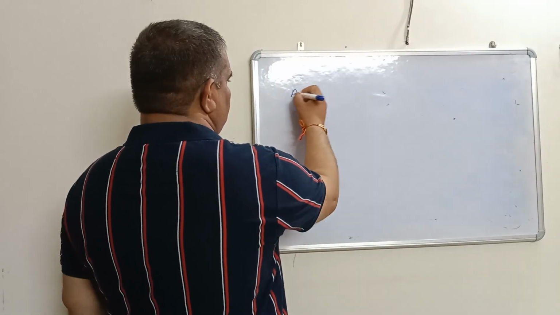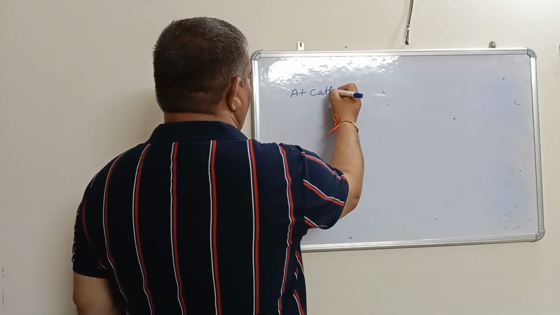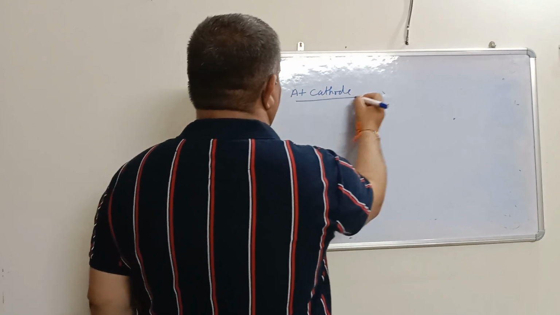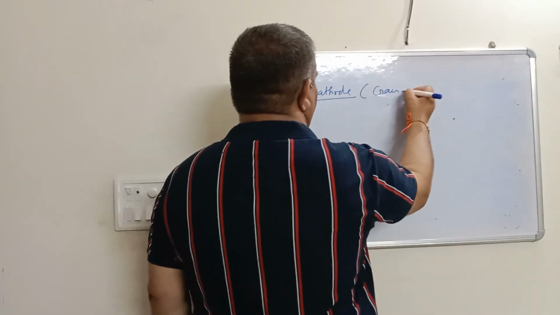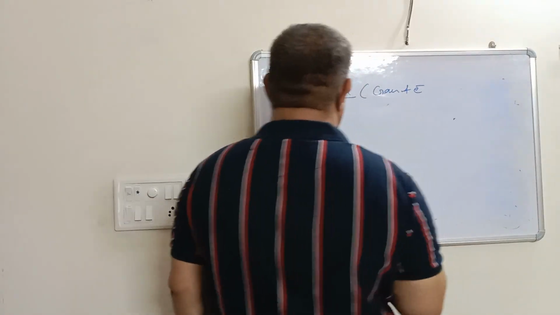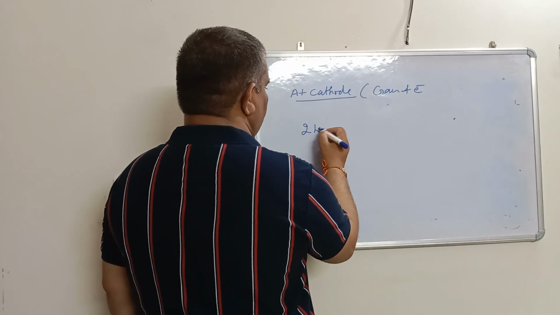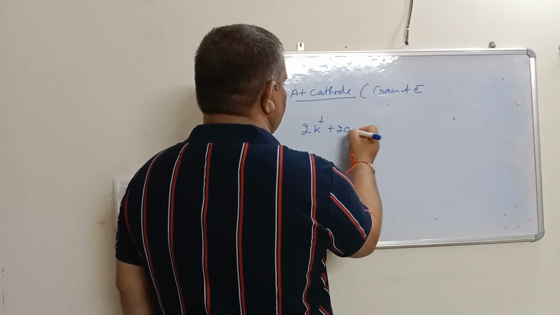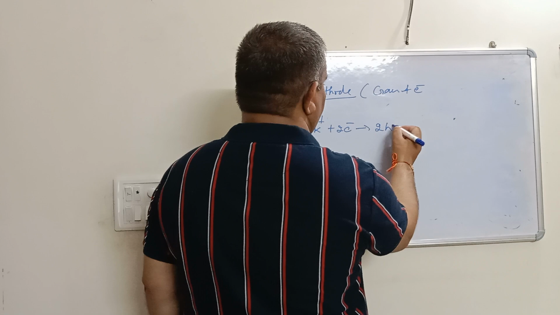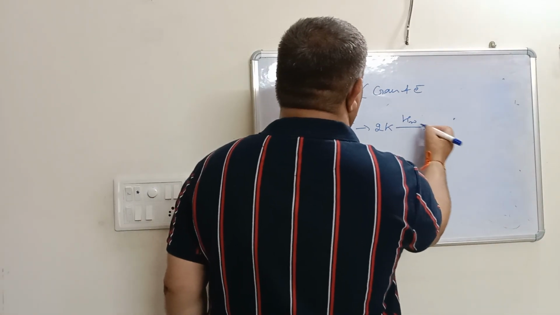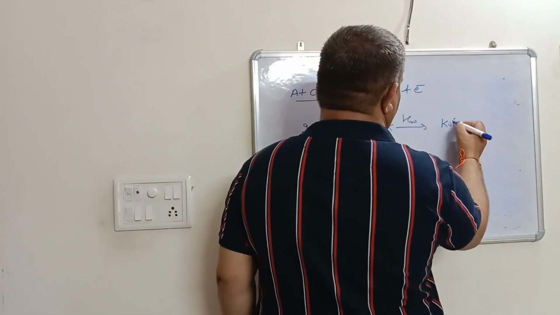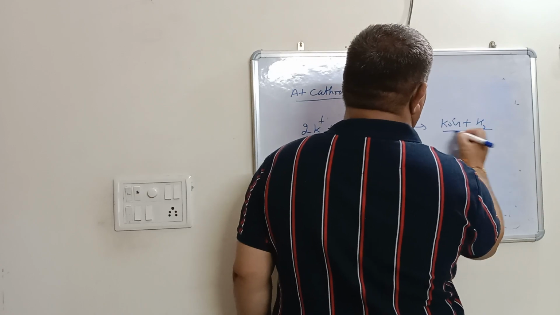At the cathode, gain of electrons takes place. The potassium ion takes an electron and forms potassium, and on hydrolysis forms potassium hydroxide and liberates hydrogen gas.